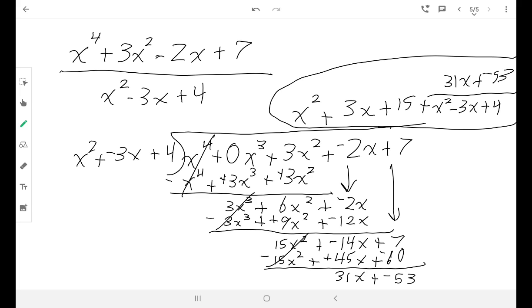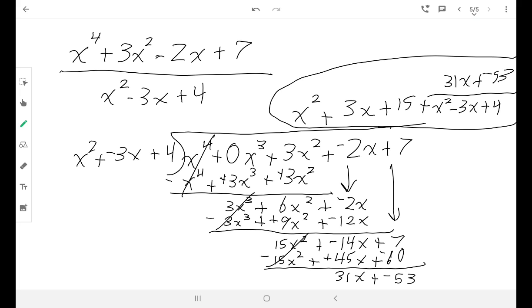I hope that clarifies why that's so important. Oh, I made a mistake here, didn't I? Yes, I did. Oh, I am so sorry. I apologize, everybody. I think we're going to have to do that problem again.